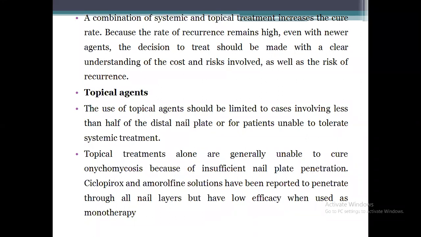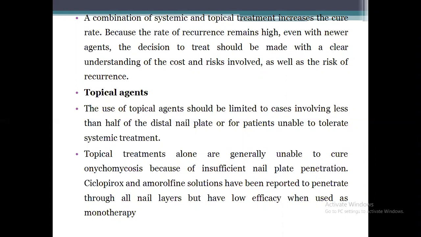And to avoid recurrence of the disease, because the recurrence rate is so high, we have to go for systemic agents, which will be present in the nails for a longer period of time.